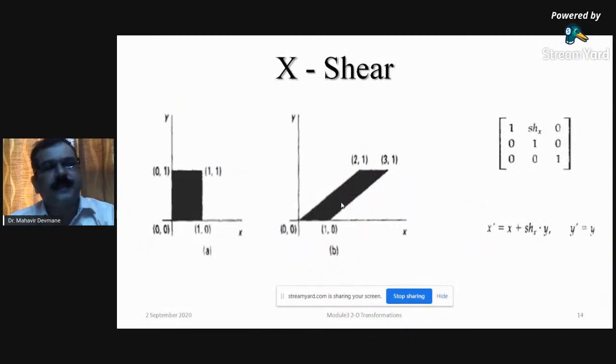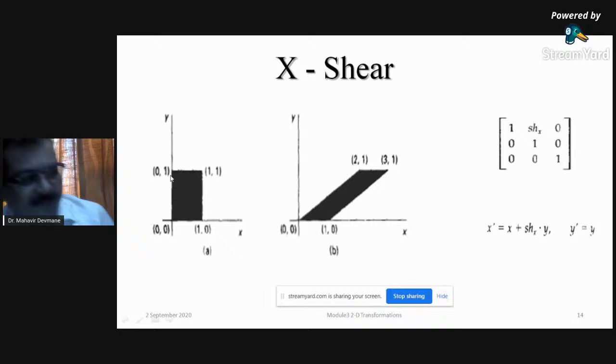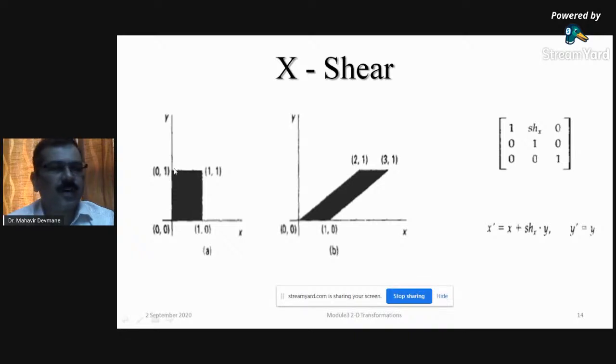See here, just assume that we are applying a shear transformation in x direction. So shear transformation, when we are applying it in x direction, means that on the top surface, or in other words the surface which is away from your origin, at this particular surface we are applying force in horizontal direction.